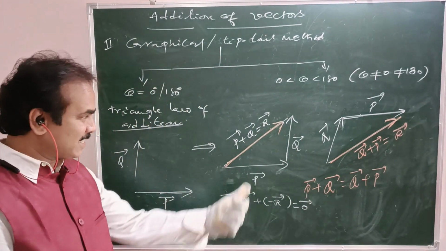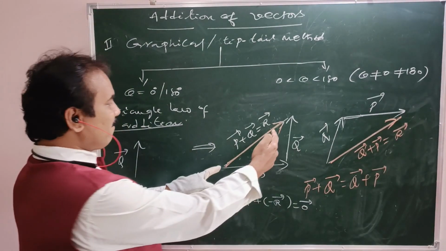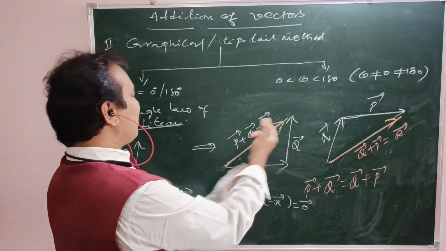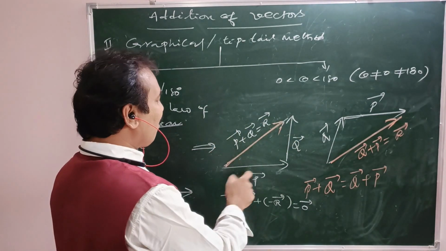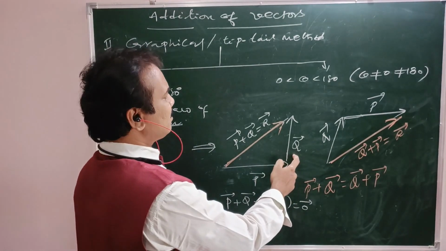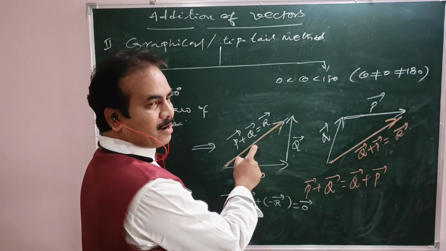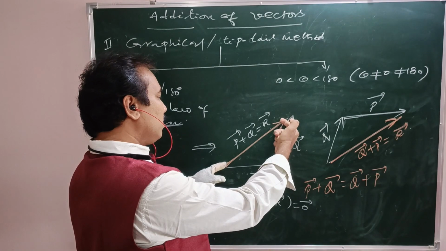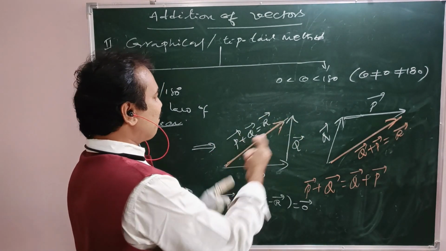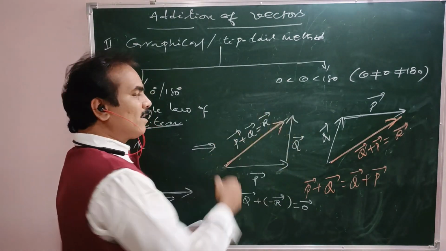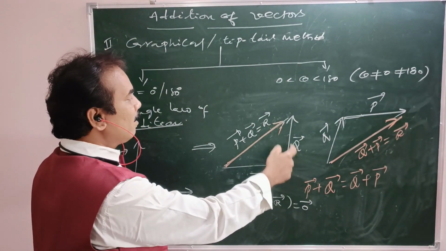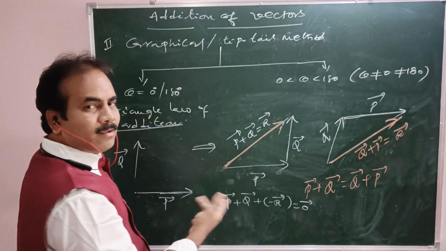What is the inference of this point? If this vector is flipped end to end like that, all three vectors are said to be taken in the same order. See, here these two are in order, now this one is in reverse order. If this one is also flipped end to end like that, now all three vectors come in alignment such that head to tail are joined.